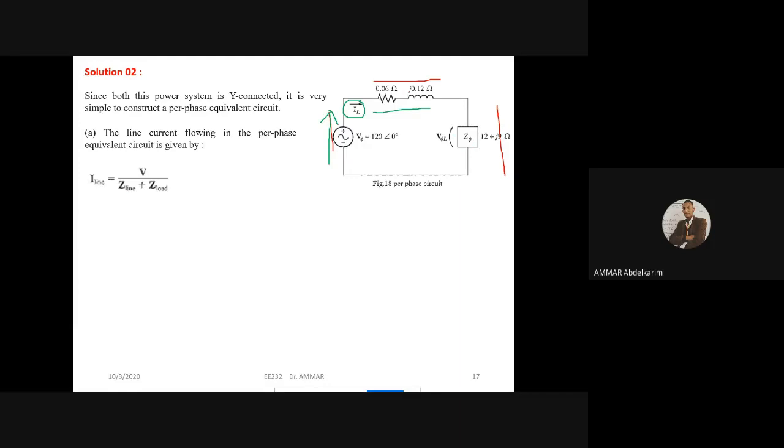So the source current, the line current, equals V over Z line plus Z load. The phase current is 120 over 0.06 plus j0.12 ohm plus 12 plus j9 ohm.